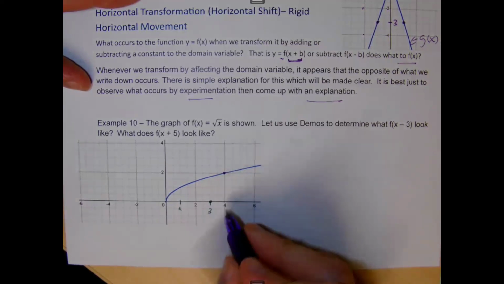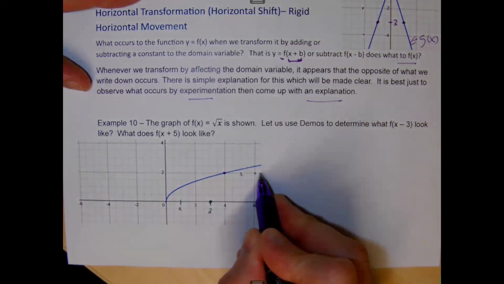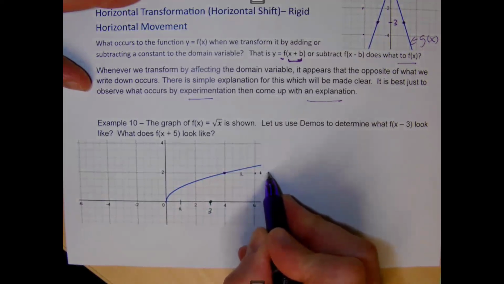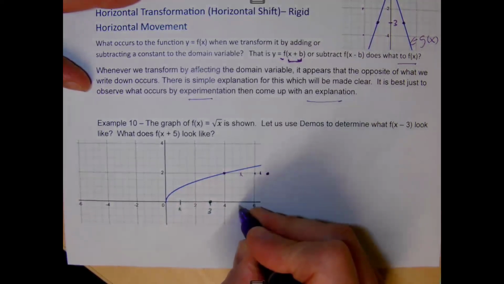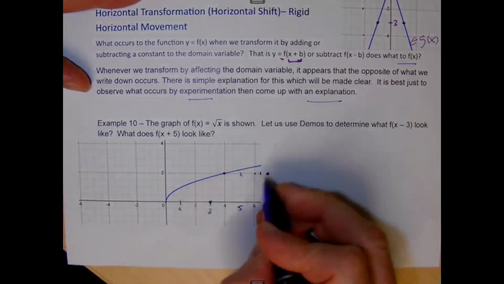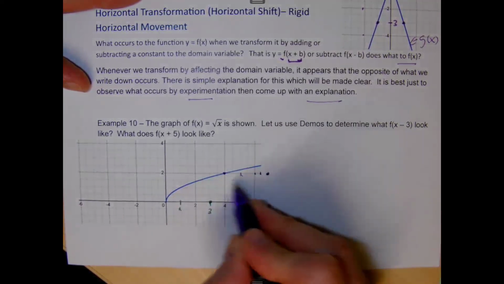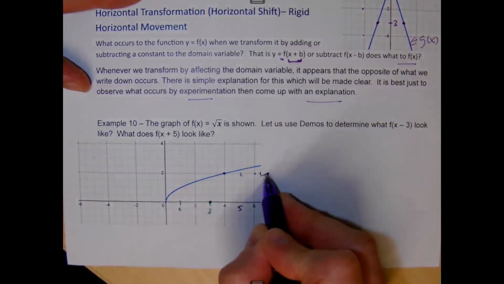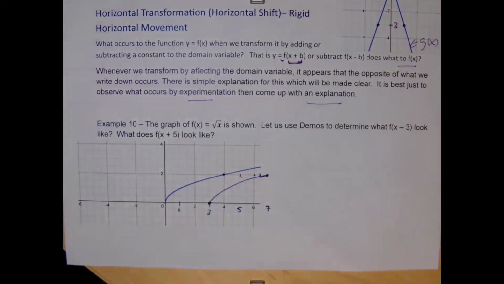So it would be now 1, 2, and 3, so it's moved again 3 units to the right. When I try to graph this, I get this picture.